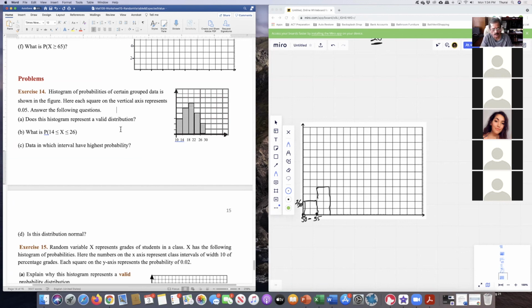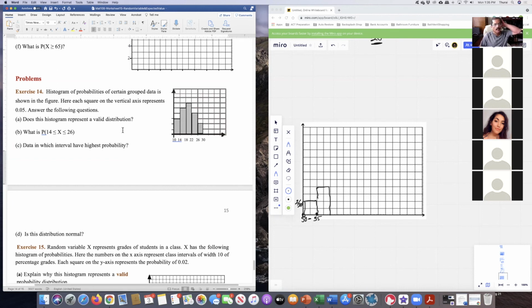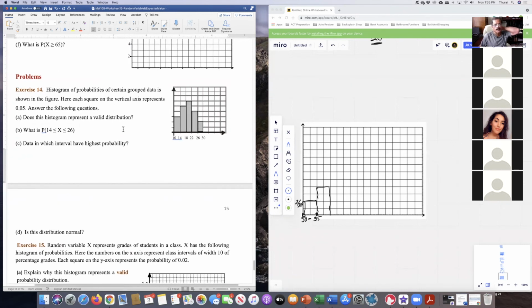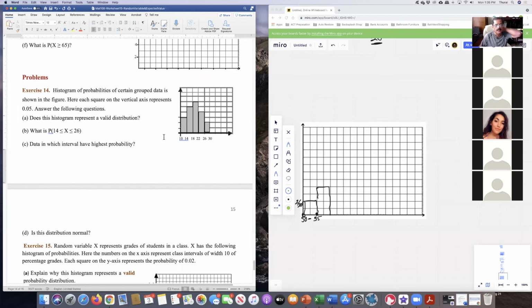He's answering normal distribution. So you need to say, yes, it is valid because the heights of the bars add up to 1. The probabilities add up to 1. That's why it's valid. And if it says, is it normal, and justify why, then you say, yes, normal, because the histogram is bell-shaped. All right, that's how you answer that.